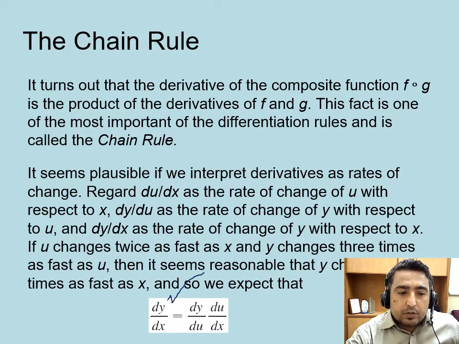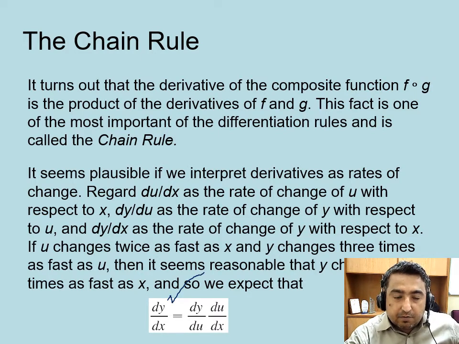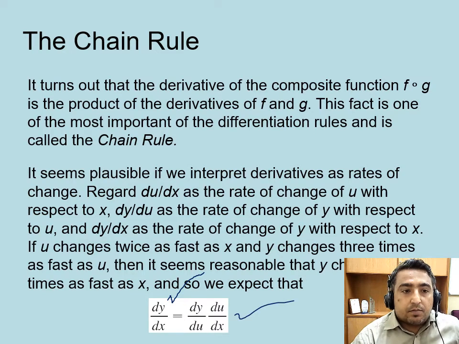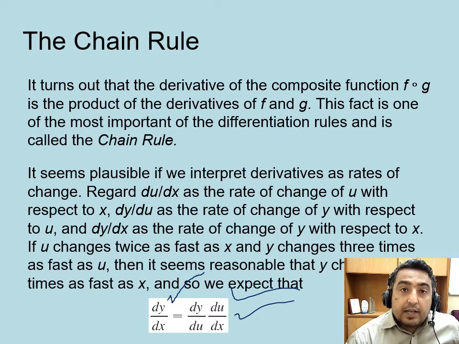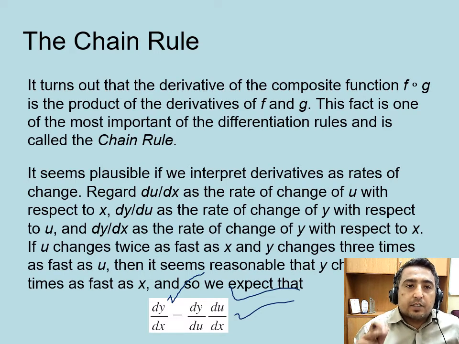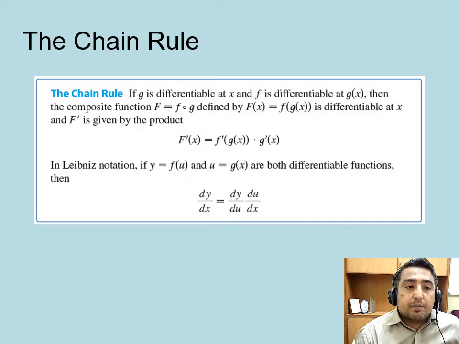You want to find the derivative of y with respect to x, and you see that y depends upon u, so dy over du times du over dx. And this formula, or relation, again comes from the basic definition of the derivative, the classical definition of that limit problem.